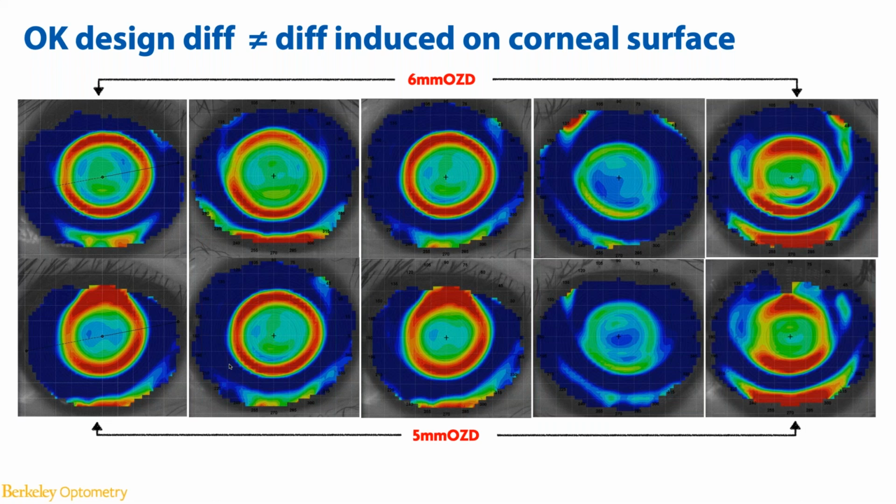So in the future, I urge everybody to pay more attention to what's actually achieved on the cornea rather than what we have imposed on the back surface of the lens for longer myopia control studies.